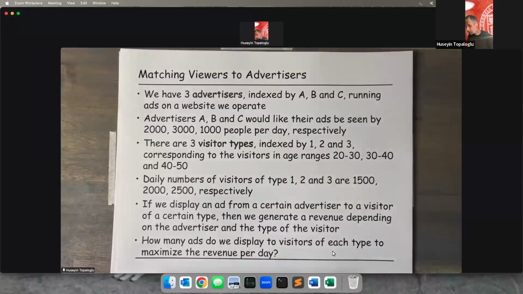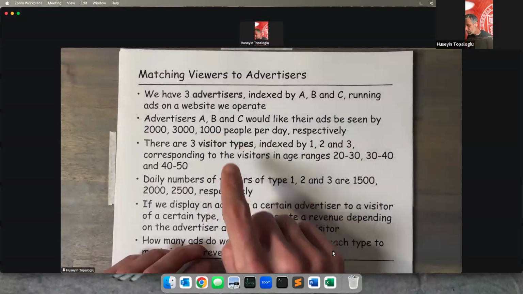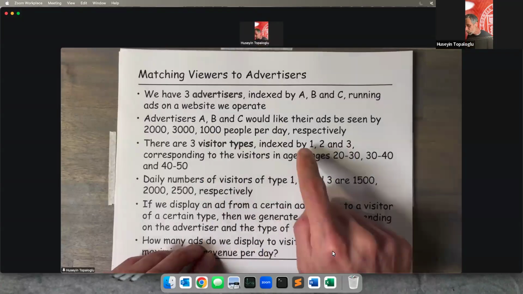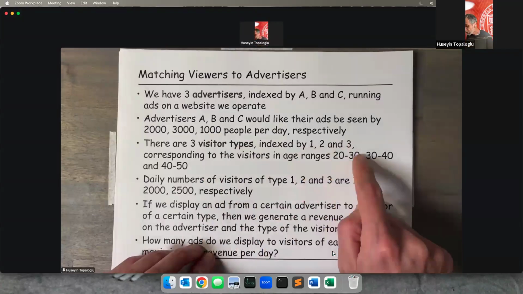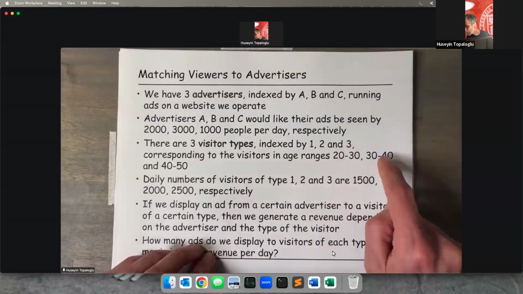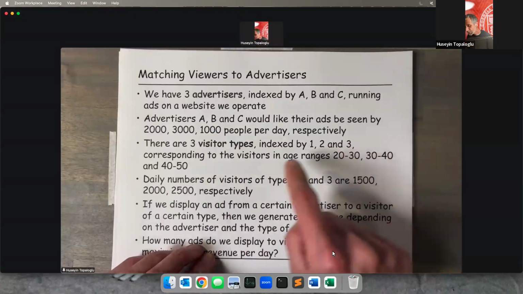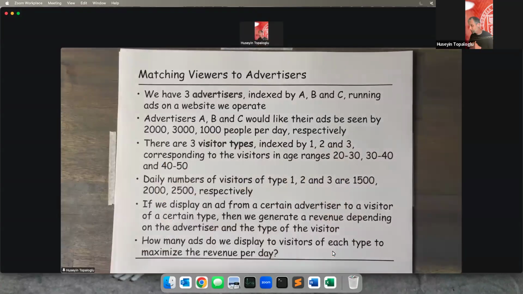And there are three types of visitors, indexed by 1, 2, 3, that come and visit our website. These correspond to visitors in different age ranges. Visitors of type 1 are younger, type 2 are middle-aged, and type 3 are elderly.